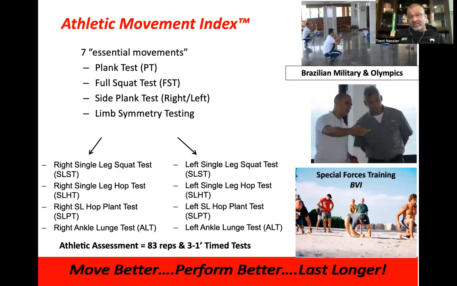Now, there are some situations, not very often, like Division I soccer players, like some of our UFC fighters, where we will actually put them through a fatigue protocol first, and then we will put them through this assessment. Because there's some athletes that are at such a high level, you have to introduce some other level of fatigue.